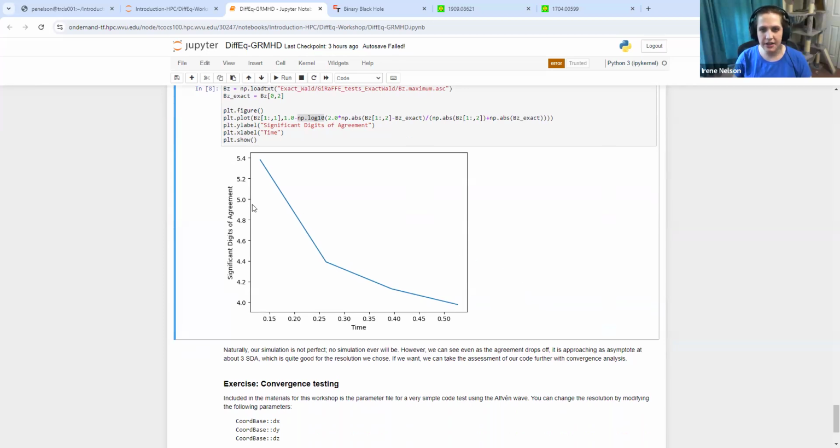So the particular resolution for this simulation is a little bit under-resolved, and I'm doing that just to exaggerate the effect of this drop off here. But as I mentioned, this is a well-tested code that does have good agreement with the exact solutions.